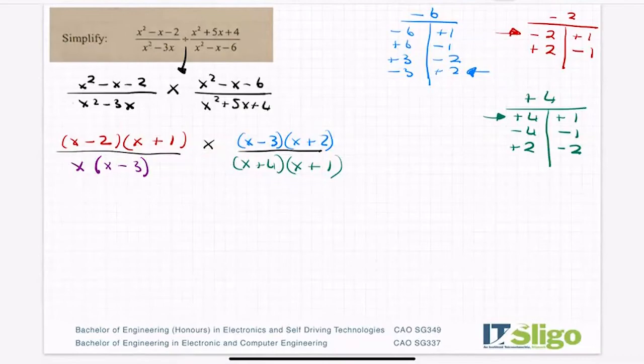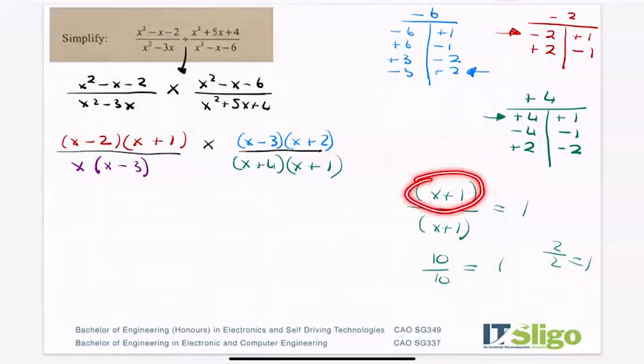But I need one of the factors to be on the top and I need the other factor to be on the bottom. Why? Because terms like x plus 1 over x plus 1 simplifies to 1, just in the same way as 10 over 10 is 1, 2 over 2 is 1. When a term over itself appears, you end up getting 1.